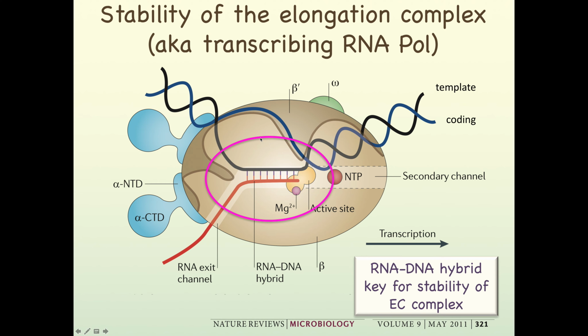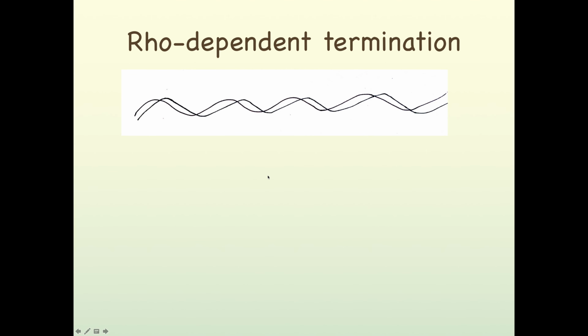So let's talk about how these two different methods of termination disrupt the RNA-DNA hybrid. With Rho-dependent termination, we have our DNA strand, we have RNA polymerase, which initiates transcription.